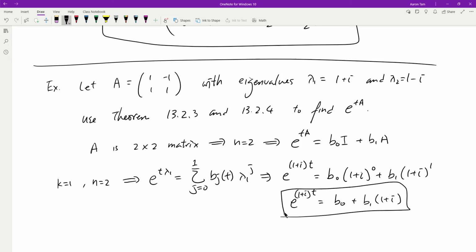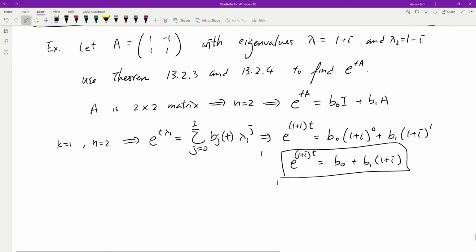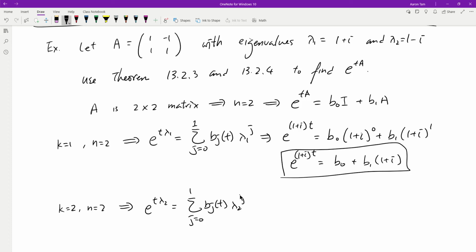Notice that because we have a complex eigenvalue, we actually end up with a complex equation. If k equals 2, we know n is still equal to 2. The formula from 13.2.4 becomes e to the t lambda 2 is equal to the sum from j equals 0 to 1 of b sub j of t times lambda 2 to the j.